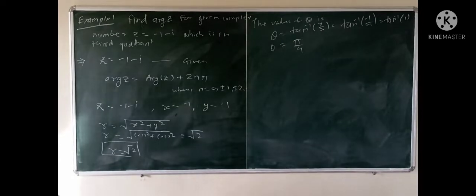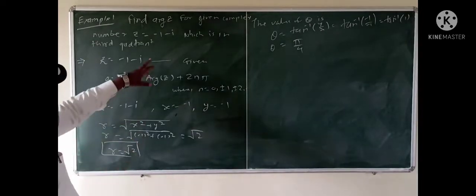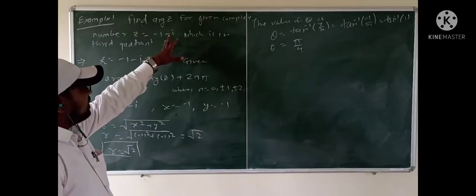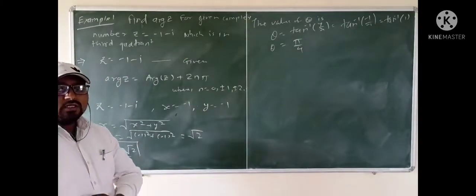But if we observe carefully, minus 1 and minus i lies in quadrant third.